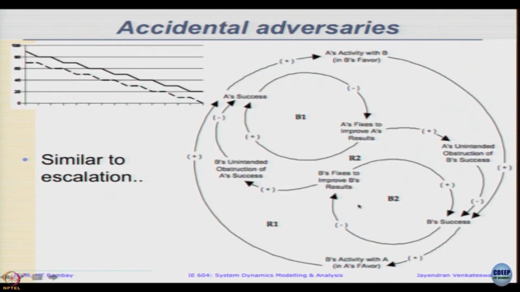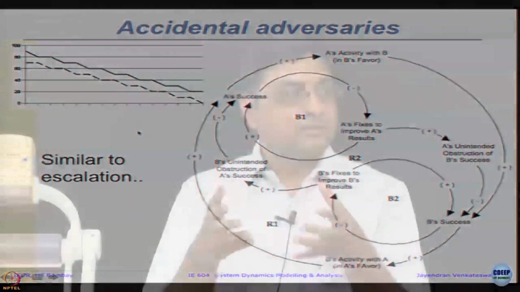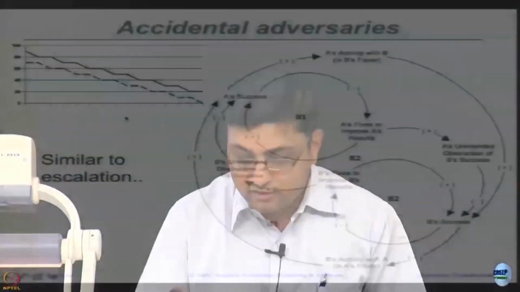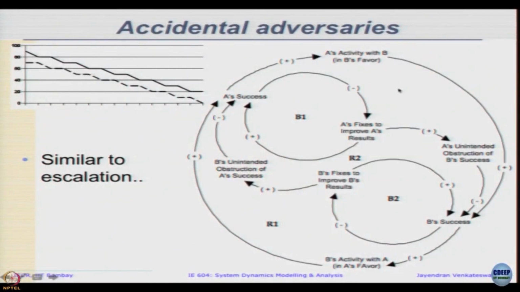This is an even more crazy looking thing, it is accidental adversaries. It is actually similar to escalation, but happening in the other direction. You can ignore the actual diagram. What it is trying to say is, suppose two people are on equal footing, but then one perceives some wrongdoing from the other, then they say okay, let me do something else which is going to affect my own success, as well as it might have unintended obstruction of B's success.